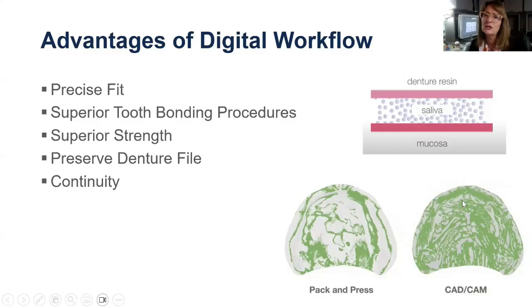So the image here, the CAD/CAM image with the darker green, you can see to the bottom right, that green indicates a tighter surface fit, right? Whereas a traditionally packed and pressed acrylic is far less retentive, would be the best way to say it.